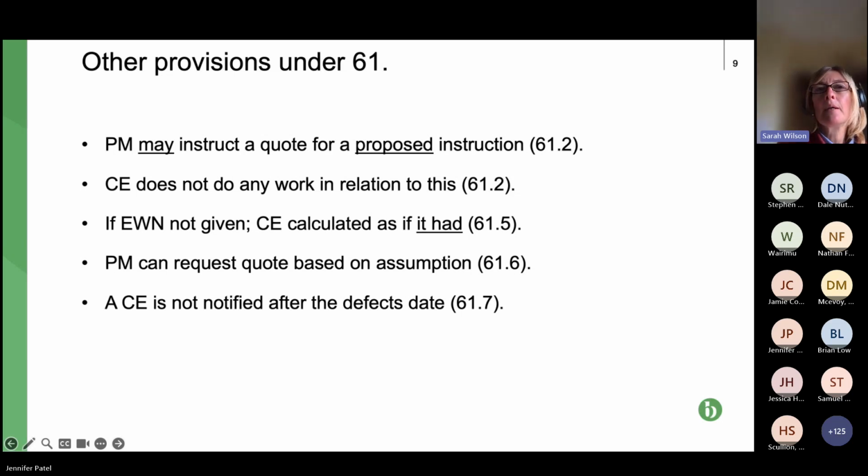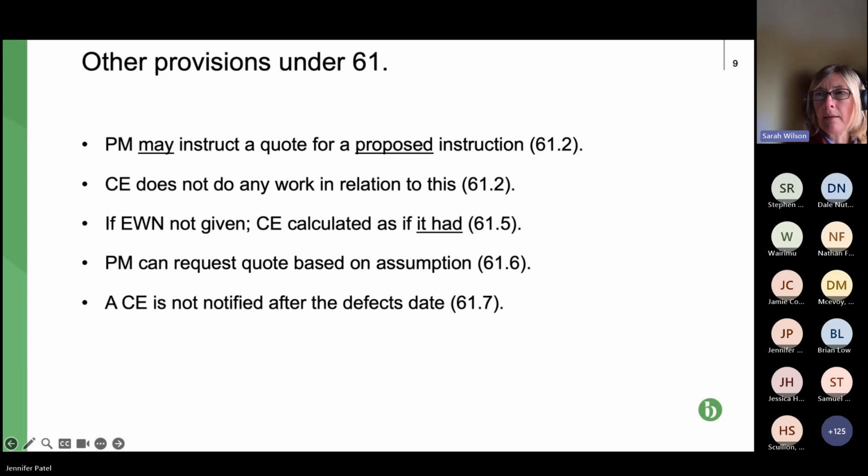But as far as the contractor failing to issue an early warning notice, if it transpires that it is a CE, a compensation event, then what clause 61.5 says is that the value of the CE and the time to be allowed with regard to the CE is based as if the early warning notice had been issued. So typically that would reduce the cost and the time that the contractor would be entitled to.